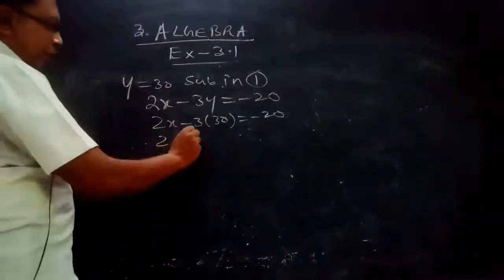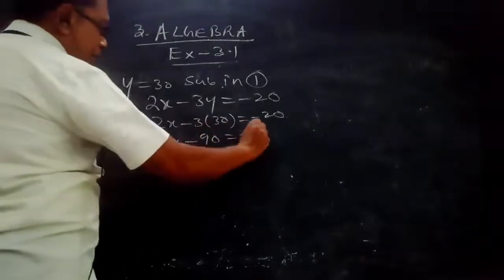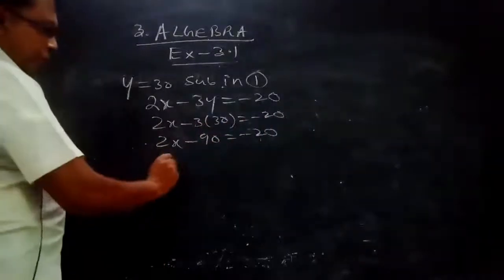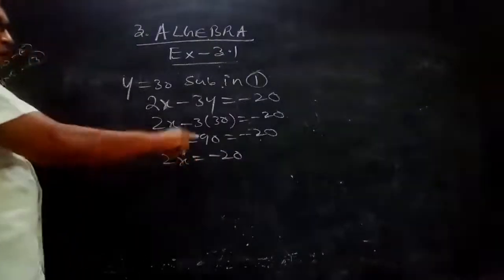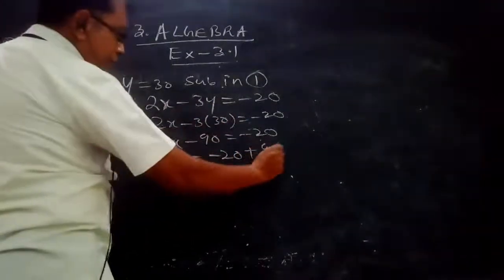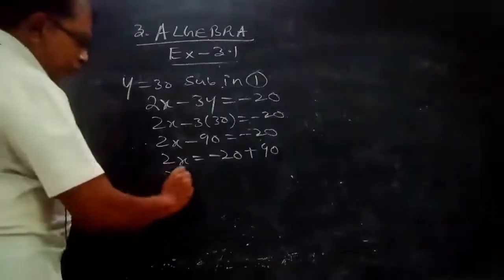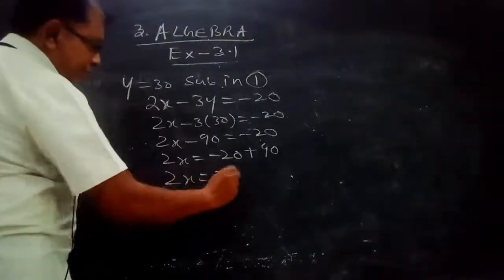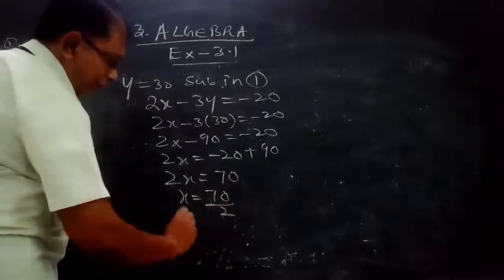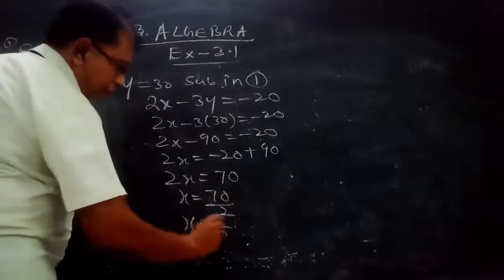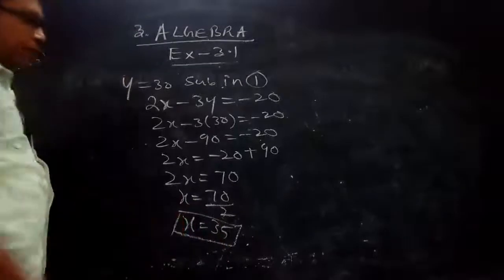Therefore 2x minus 90 equals minus 20. Taking the minus 90 to the right-hand side, the sign changes to plus, so 2x equals 70. Therefore x equals 70 divided by 2, so x is 35.